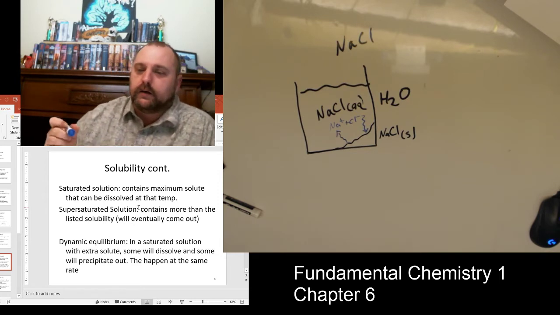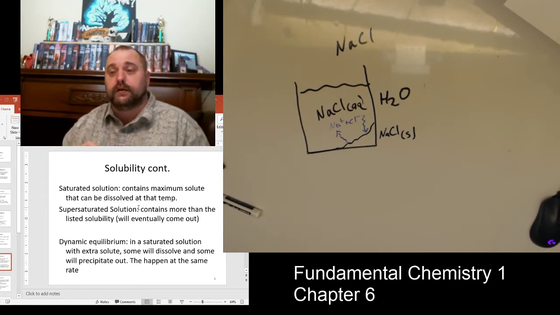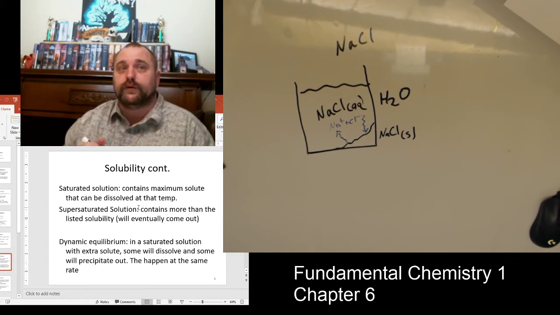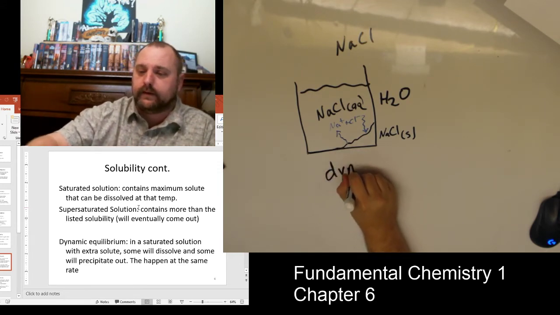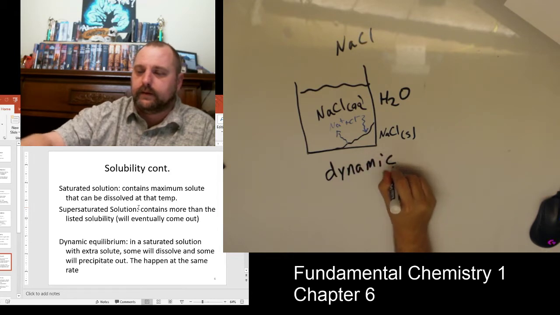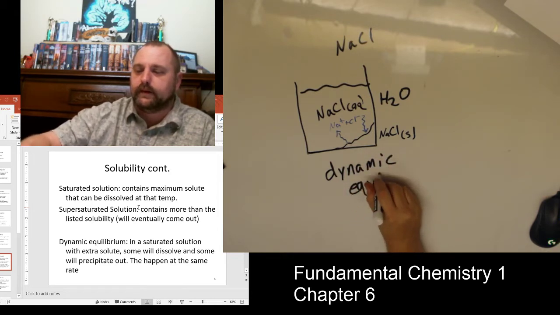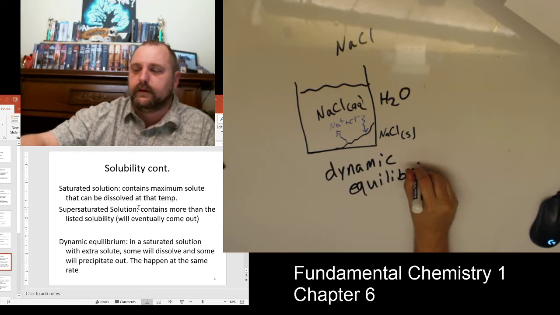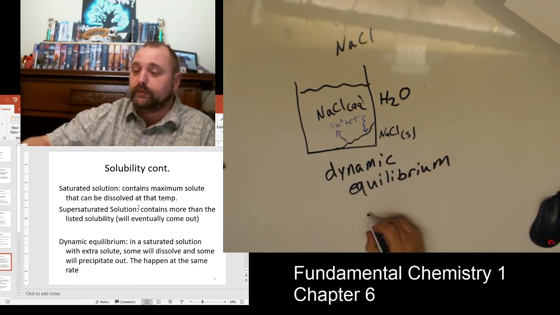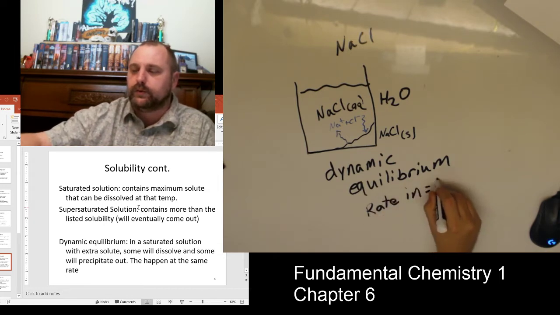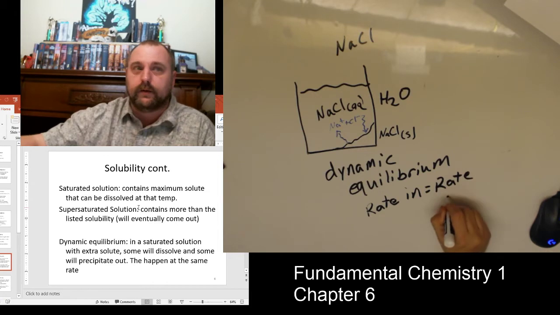All right, so this is called a dynamic equilibrium. Dynamic means we can change it. Equilibrium means the rate going in is equal to the rate going out.